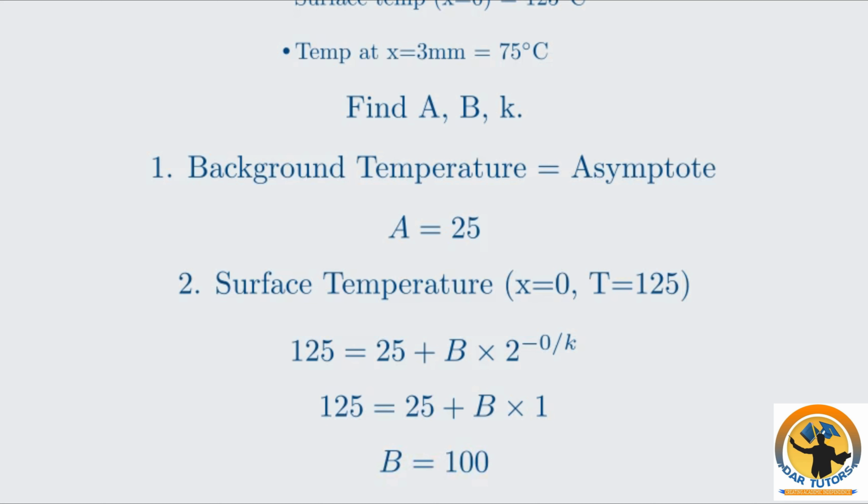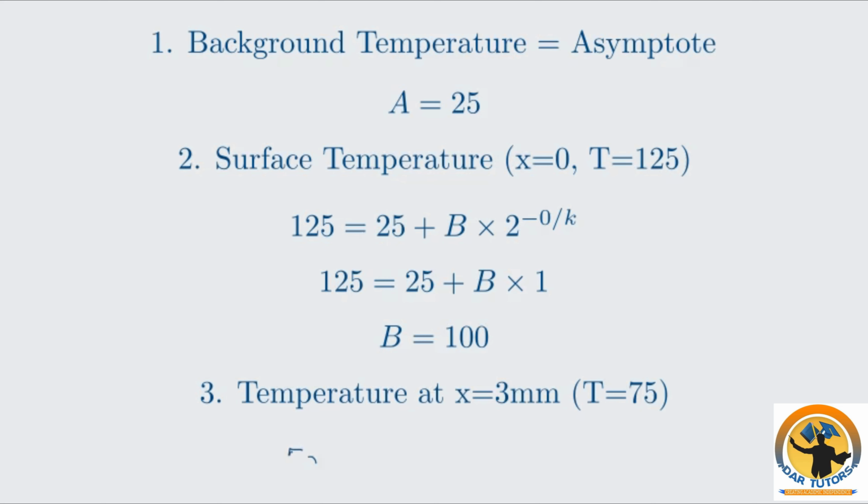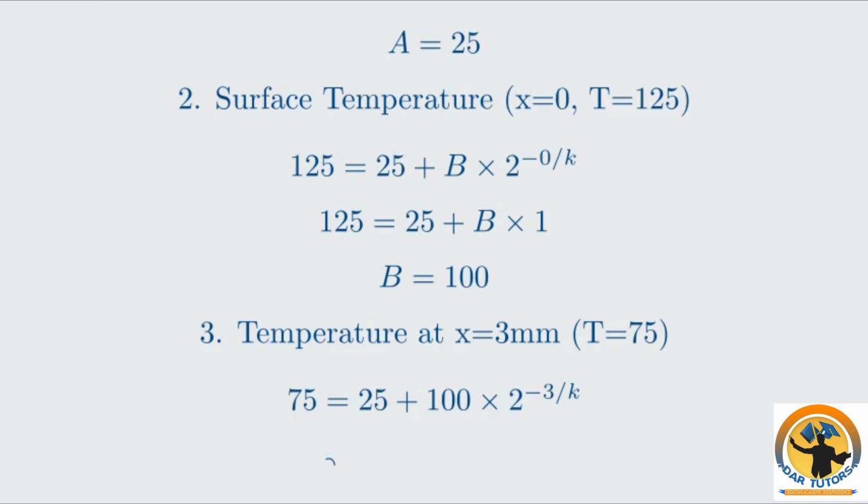Now we have A and B. We can use the third piece of information to find k. The temperature is 75 degrees at x equals 3 millimeters. We substitute x equals 3, T equals 75, A equals 25, and B equals 100 into our model. This gives us 75 equals 25 plus 100 times 2 to the power of negative 3 over k.